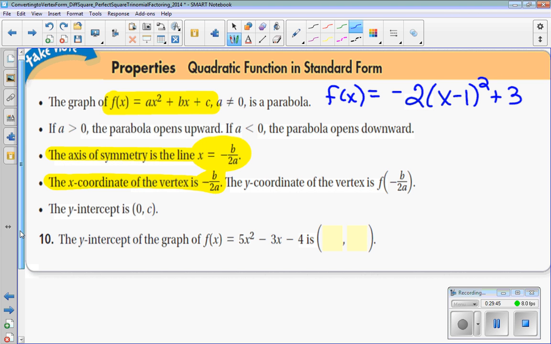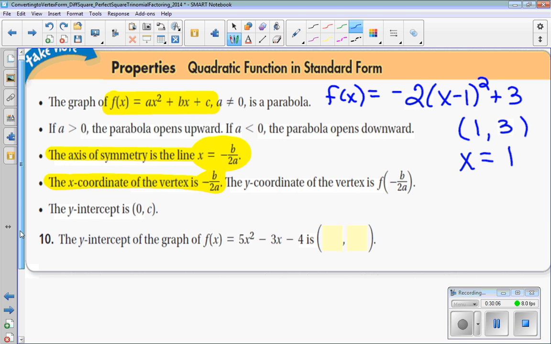You should be able to. What is it? Positive 1, 3. Right 1, up 3. Remember that? So you tell me the vertex. Based on the vertex, what could you tell me that the axis of symmetry is? x equals 1. So we know how to do it when it's in vertex form.